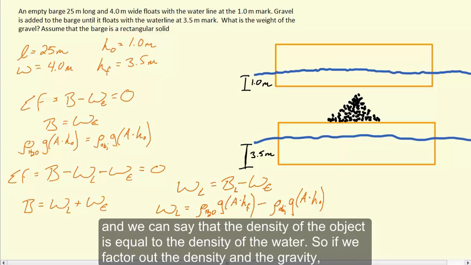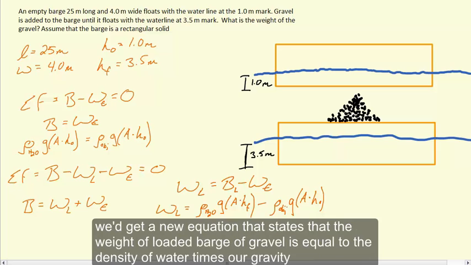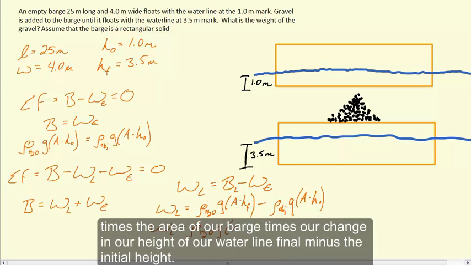And we can say that the density of the object is equal to the density of the water. So if we factor out the density and the gravity, we'd get a new equation that states that the weight of the loaded barge with gravel is equal to the density of water times our gravity times the area of our barge times our change in our height of our water line, the final minus the initial height.